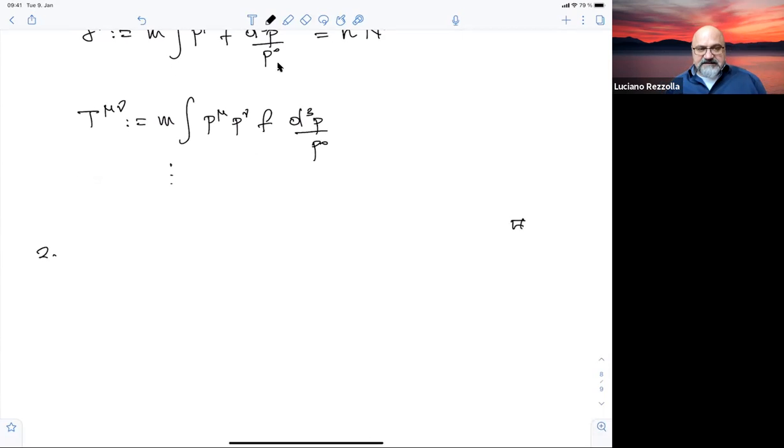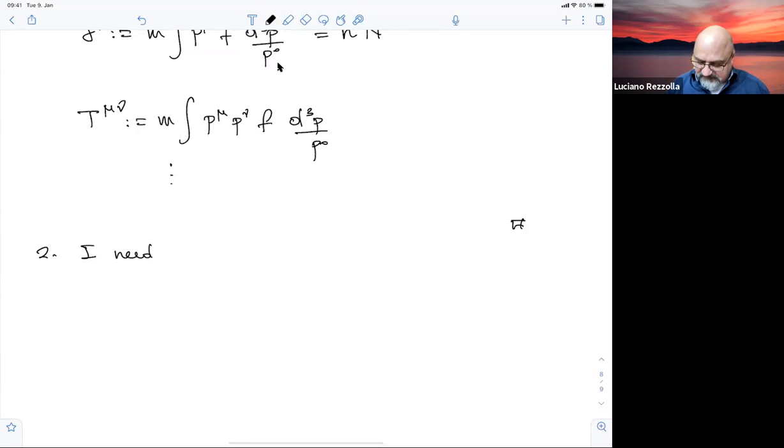The second route is maybe a bit more physically motivated, and the one I like to think about, where it's easier for me to think. So what I want is a tensor that is symmetric, a rank 2 tensor that describes everything I need to know about a fluid.